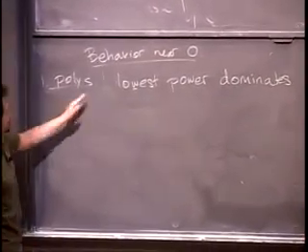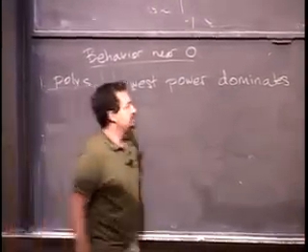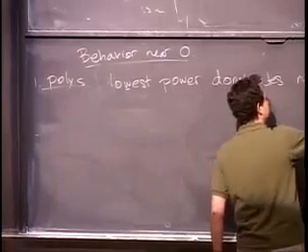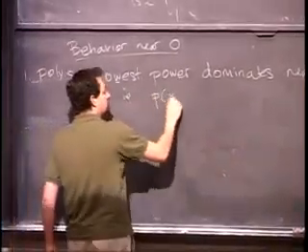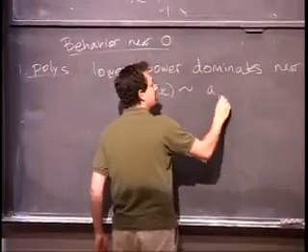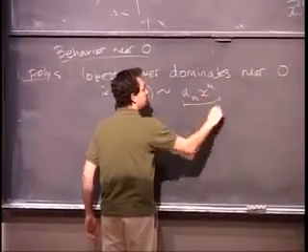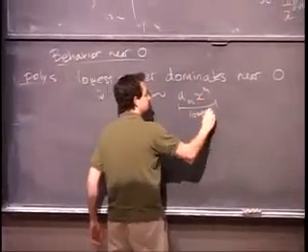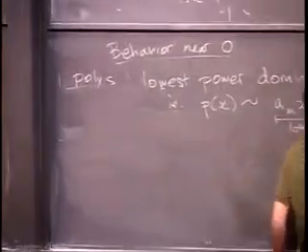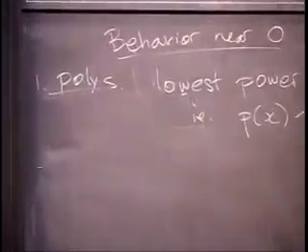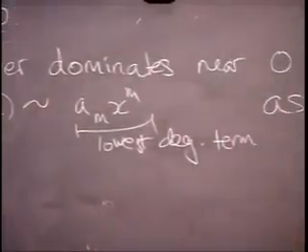Okay, so let's just start at 0. Lowest power dominates near 0, i.e. p of x twiddles a_m x to the m, where this is the lowest degree term. And this is as x goes to 0. Why is that true? Well, let's look at an example and we'll get an idea.